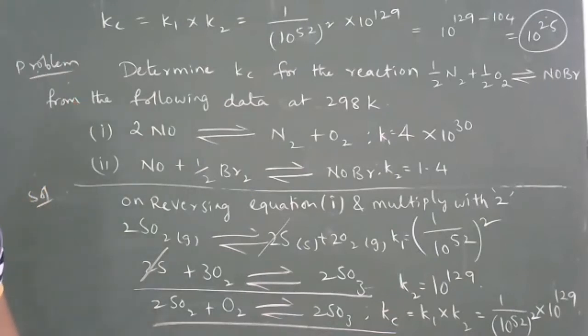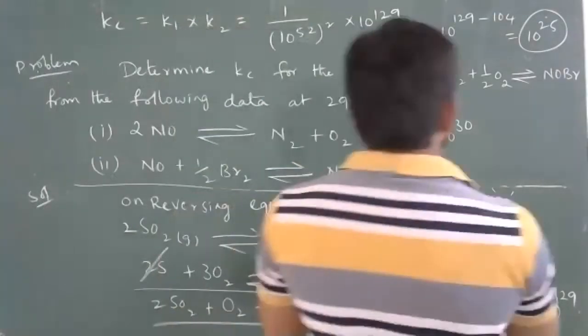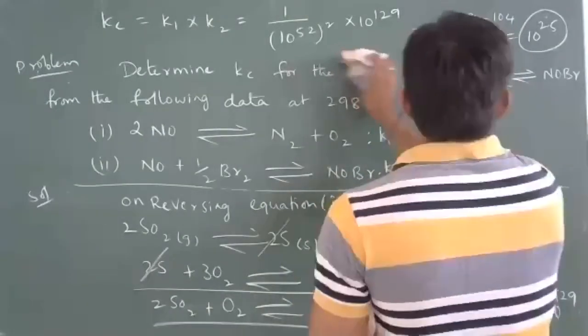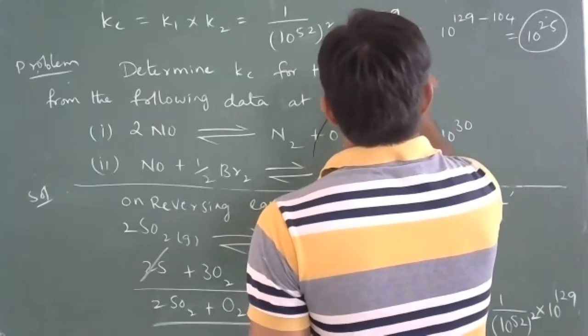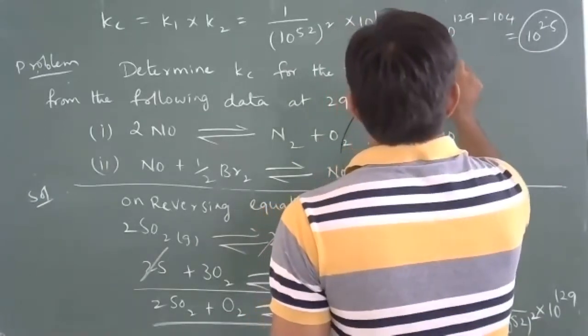Br2 is not there. Oh, sorry, here 1/2 Br2 is there. Sorry, one correction here. NO plus half Br2 gives rise to NOBr.